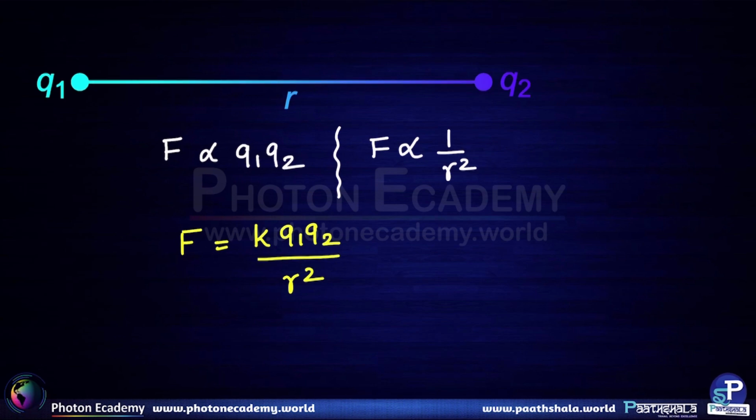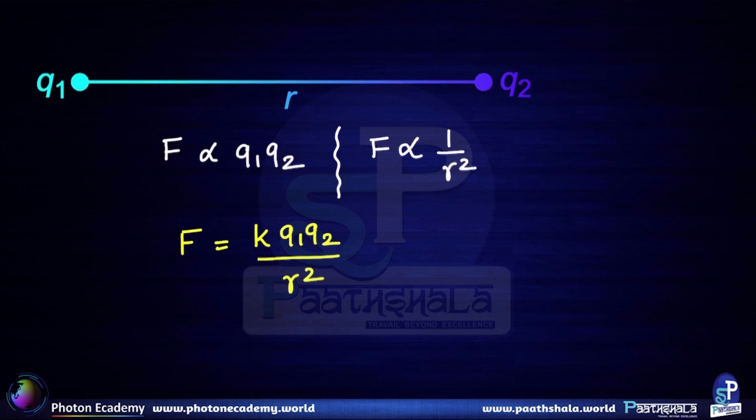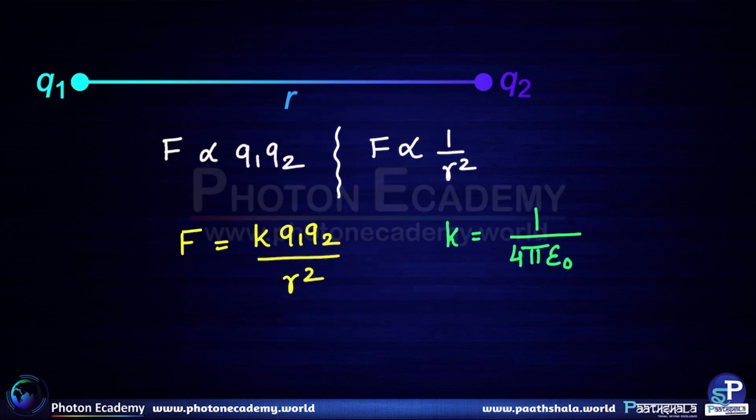Here K, the proportionality constant, can also be represented alternatively as K is equal to 1 upon 4 pi epsilon naught. Epsilon naught is a constant that is called the absolute permittivity of free space.